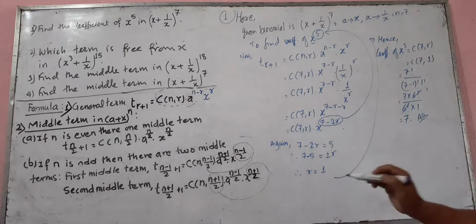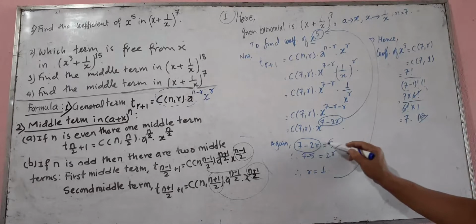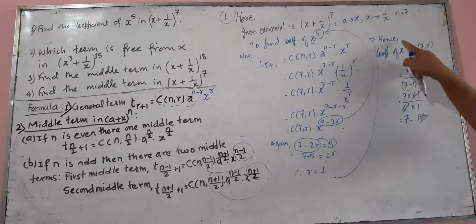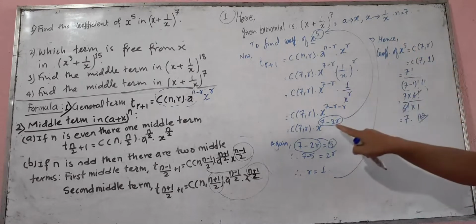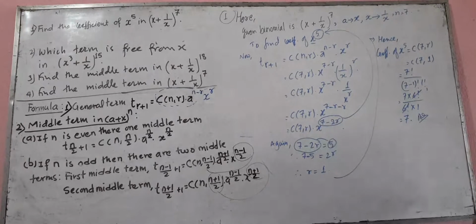Look at here, r equal to 1 and 7 minus 2r is equal to 5. So this is the solution of the first part, and now look at the second term.